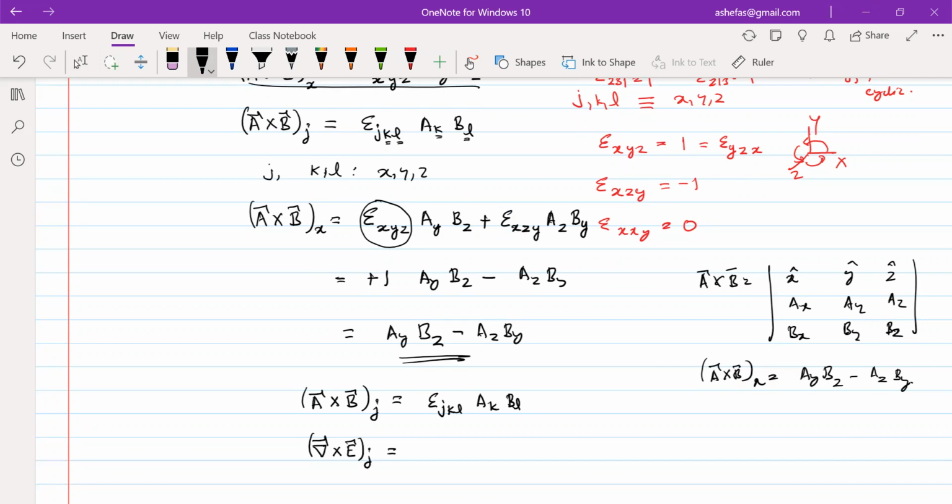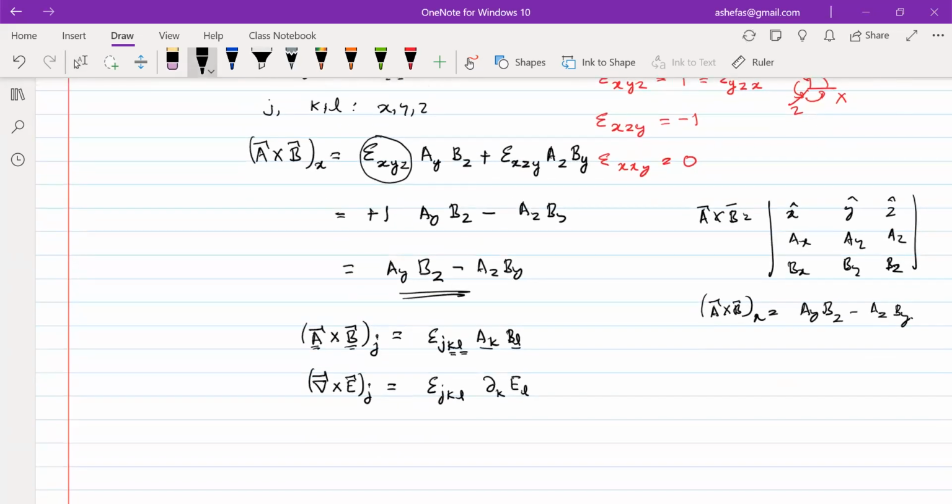The jth component of del cross E we can write as epsilon JKL del K and EL. The jth component of A cross B is epsilon JKL, then the kth component of the first vector, which is AK, and the lth component of the second vector, which is BL.